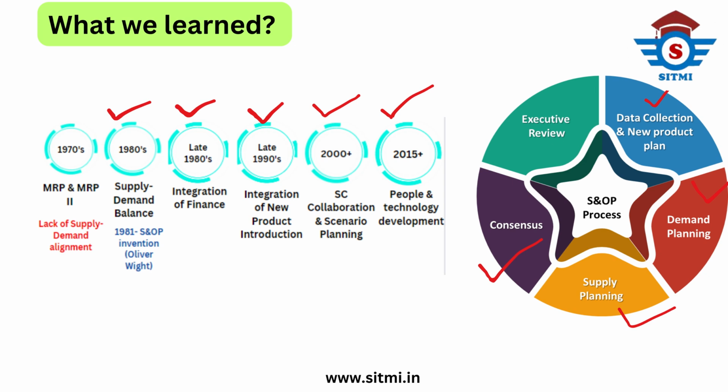In this process, these gaps are worked upon with multiple options to fulfill these gaps in demand and supply. And finally, the last process is executive review, where the leadership team of the business is involved to make certain decisions and take some actions out of the demand, supply and consensus planning.